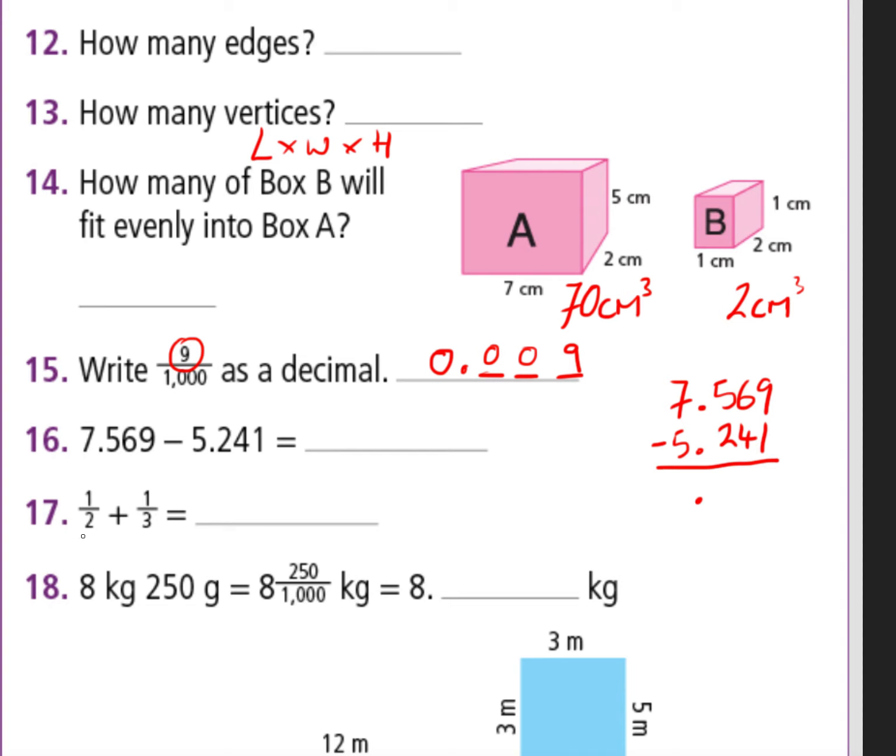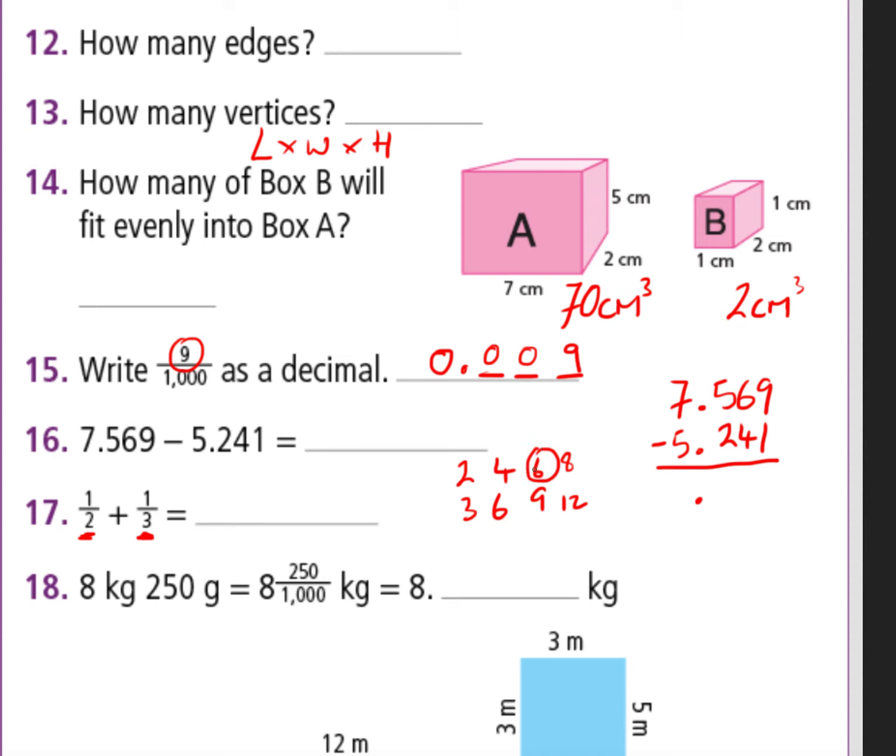Now, number 17, adding halves and thirds. We can't add halves and thirds. To add fractions, we need the number on the bottom to be the same on both. So we have to find out what is the lowest number that 2 and 3 go into. So if I do the multiples of 2, they're 2, 4, 6, and 8. Multiples of 3 are 3, 6, 9, 12.